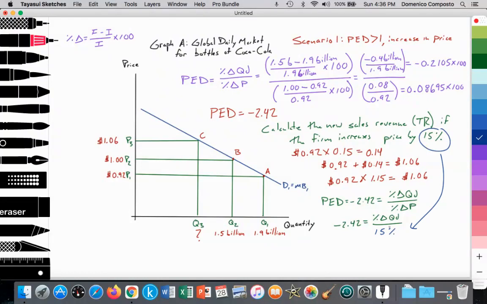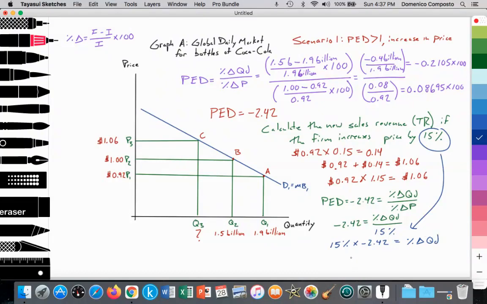So we can add that here, 15% increase in price. Just using basic algebra, we can take the 15% out and multiply it on this side. So we'll have 15% multiplied by negative 2.42, and that will give us the percent change in the quantity demanded.